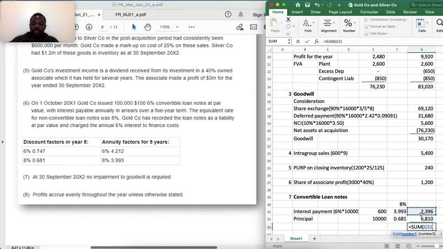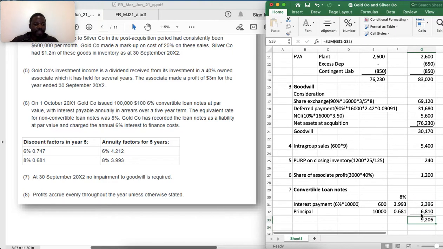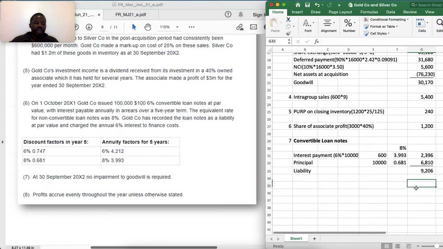The figure that we will get here is the liability element. Now we need to get the equity component. So the principal is 10,000, then the equity component is 794.